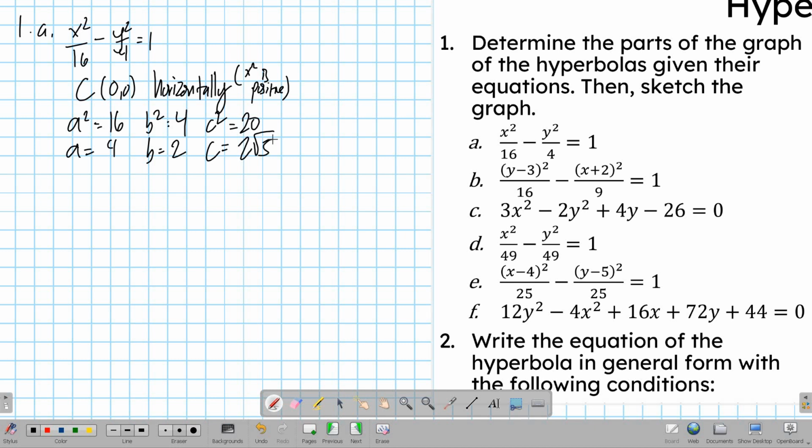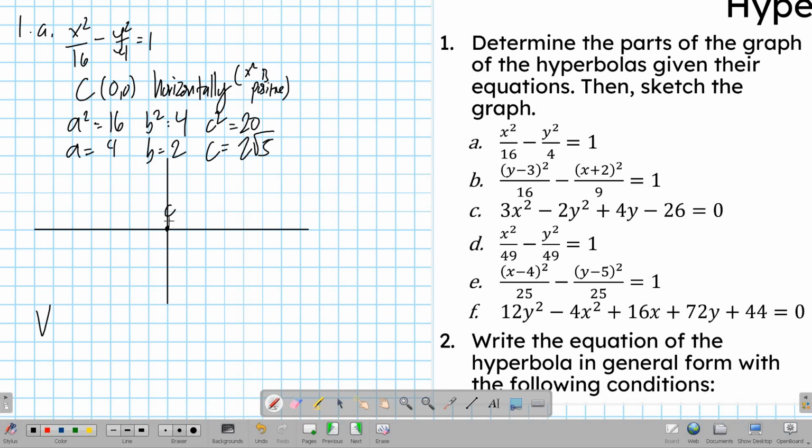From there, we can now get the different parts that we have. And to help us analyze, let's draw a rough sketch of our Cartesian field. So the center is here at 0, 0. Now, we are told that a is equal to 4 and that can give us our vertices. Since the hyperbola is oriented horizontally, to go to the vertices, we go to the left and to the right.